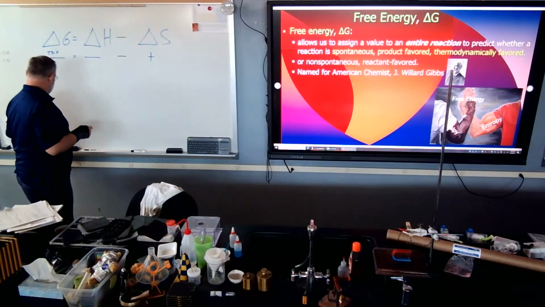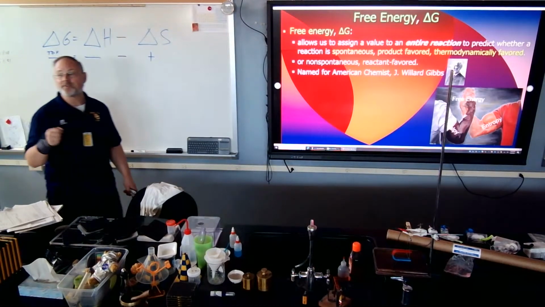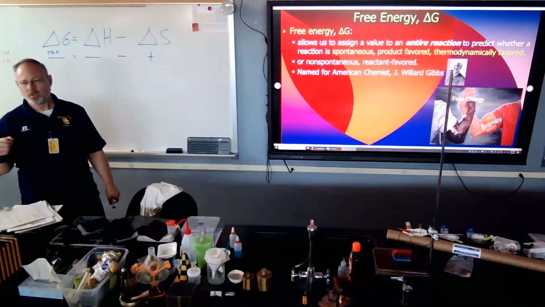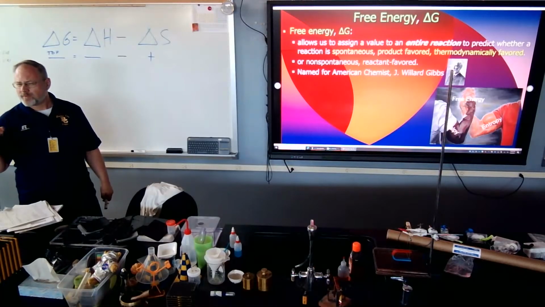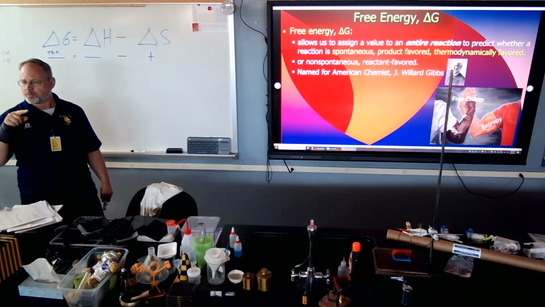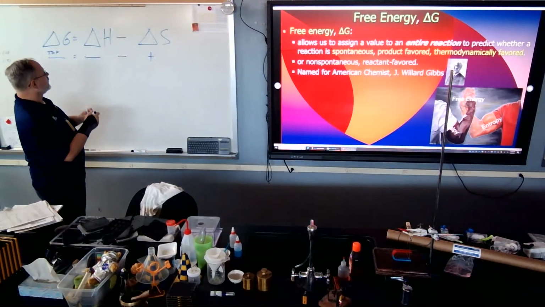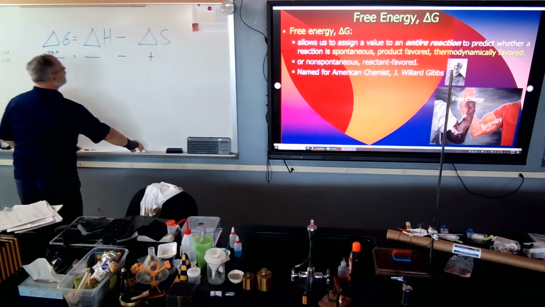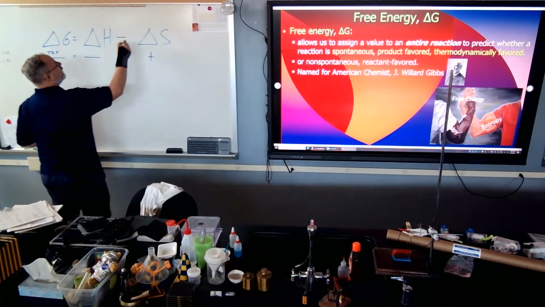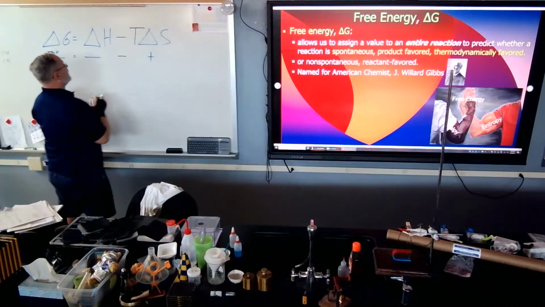And that is the thing that controls the value of entropy. What did I say controls the value of entropy yesterday? Determines how fast particles move. Not heat, but temperature. Temperature. So temperature controls how fast or how large the entropy term is.